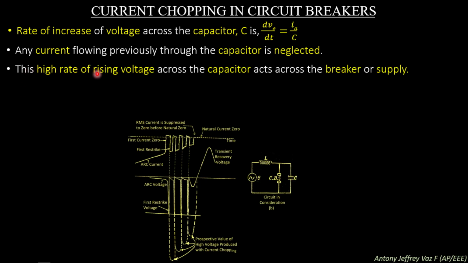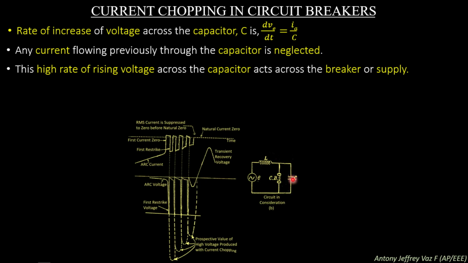This high rate of rising voltage across the capacitor acts across the breaker or supply. Now we know that the R current becomes zero, so there is no way for the R current to flow through the circuit breaker. All the inductor current completely flows through the capacitive path.